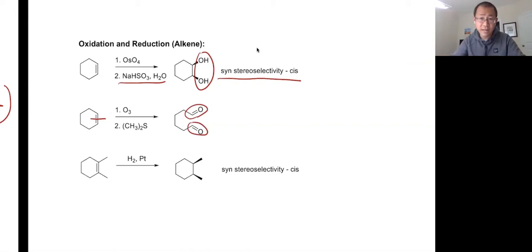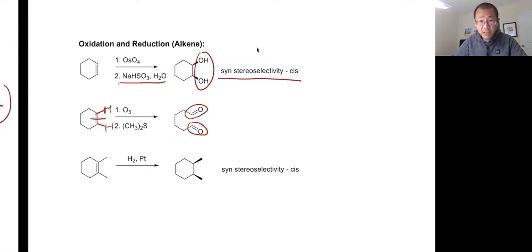Whether you get a ketone or an aldehyde depends on whether you have a hydrogen on the double bond carbon. In this case, we have a hydrogen on each of these 2 carbons. That's why we end up with 2 aldehydes. If you don't, you end up with a ketone. And always remember, when you cleave the double bond, you add oxygen, a C=O double bond.